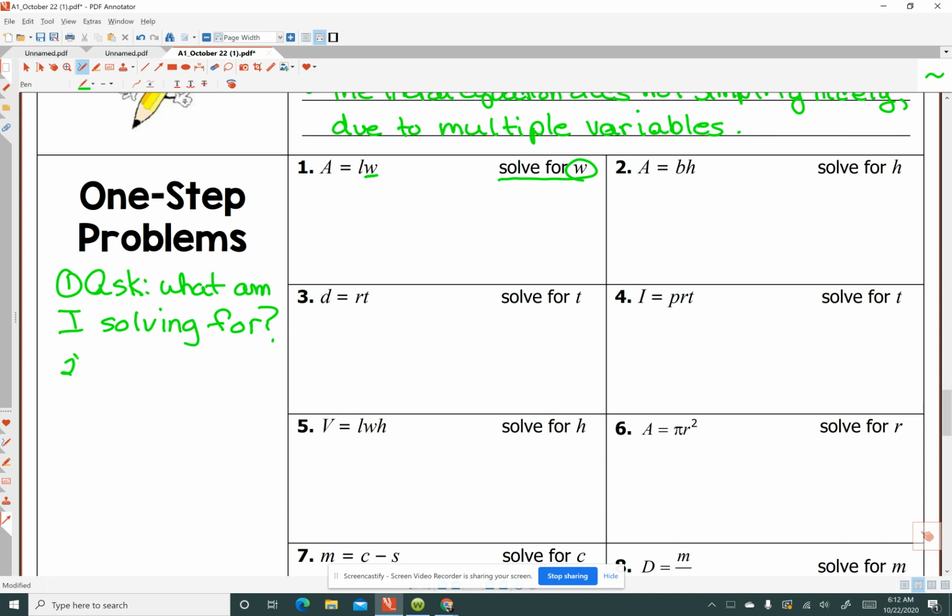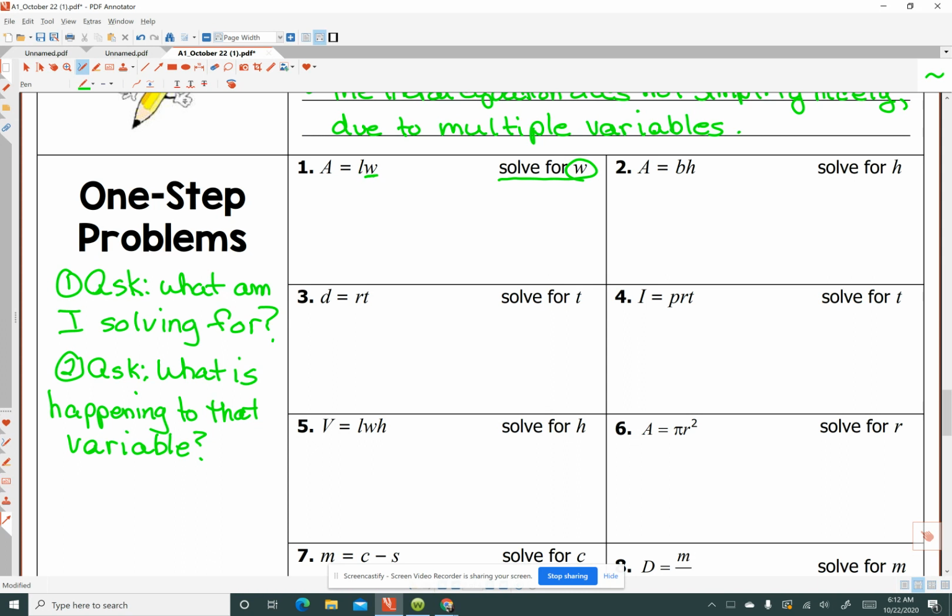The second thing I ask is, what is happening to that variable? And here, if I look at w, and I say, what is happening to w?